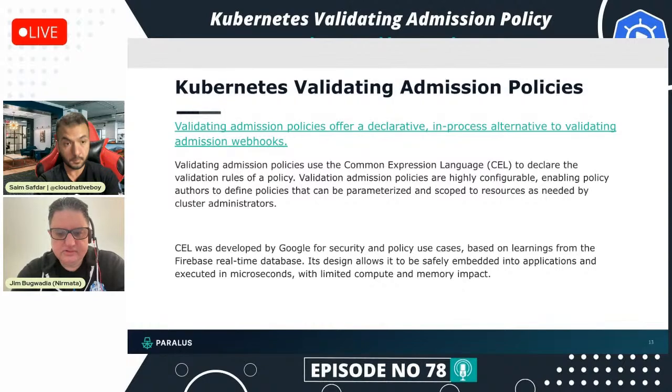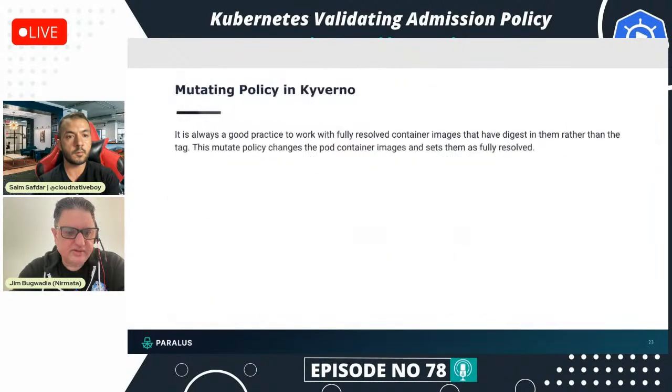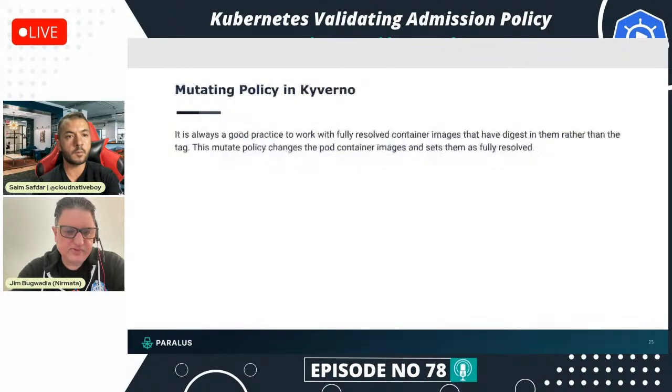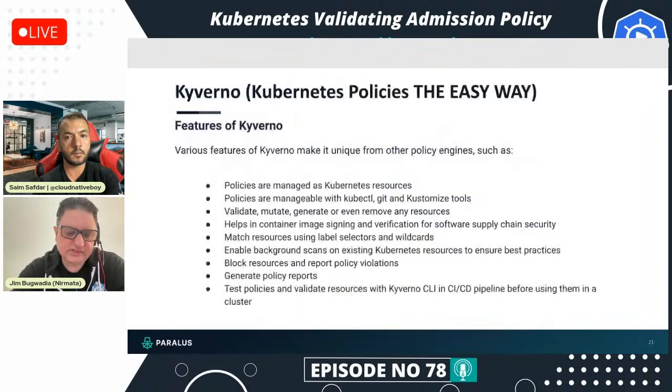Kyverno today uses JMESPath, it uses CEL, or internally you can use OpenAPI v3 schema, other things as well, to manage Kubernetes policies. And we've always been open, as other languages and other things get standardized, to be able to adopt those and incorporate those, right?